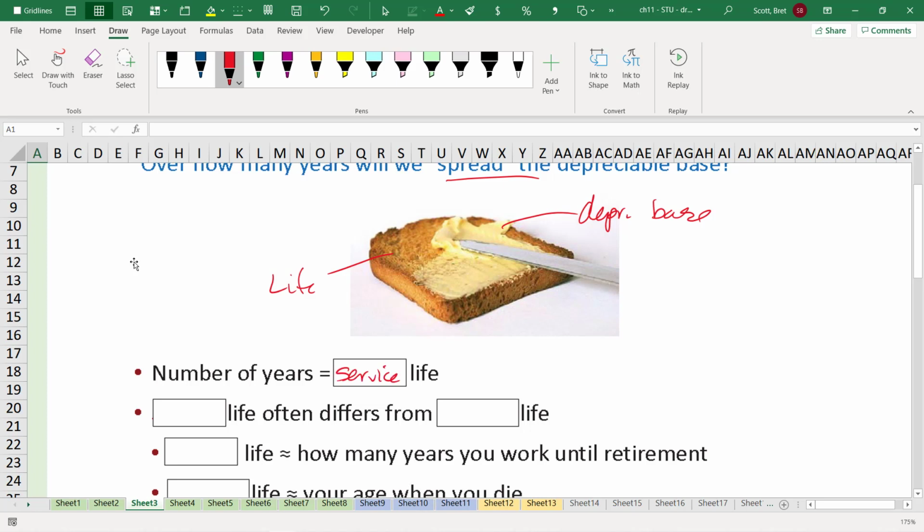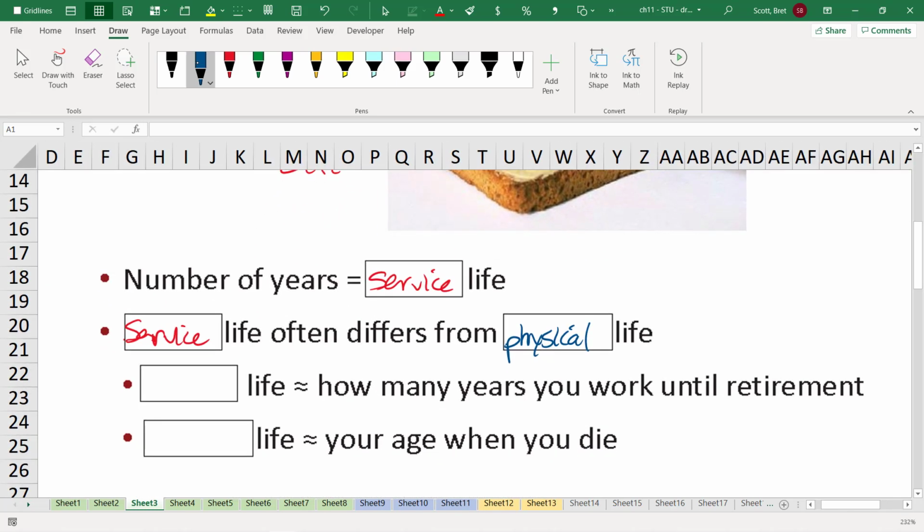And you have to keep in mind, some people tend to confuse service life with what's also known as physical life. Physical life and service life are different. We don't want to confuse those, but oftentimes people do.